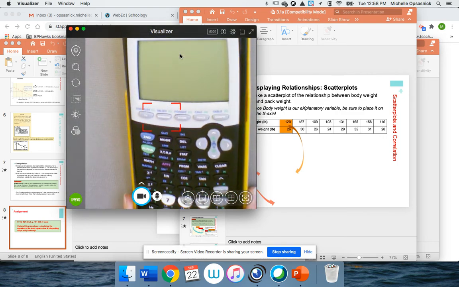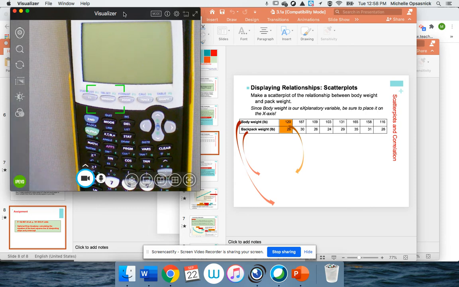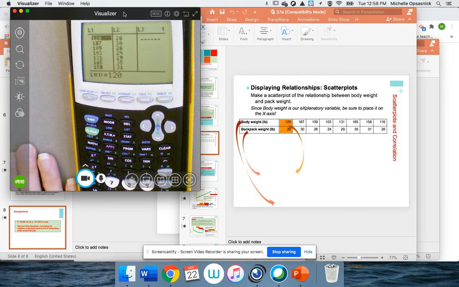Okay, so if you don't still have it in here from the other day, enter this data. So again, you would do that by hitting Stat and then Edit. Type all of the body weights into list 1 and all of the backpack weights into list 2. And again, the order is important. So if you mistakenly miss a value, you do need to go in and find exactly where it should be in the calculator.